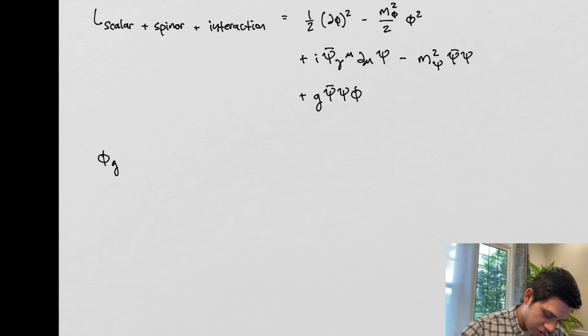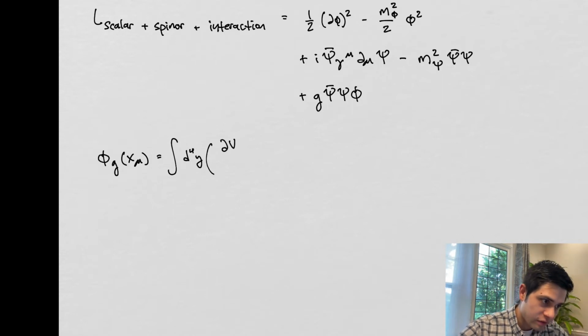But anyways, if we recall from the last video on self interactions, I'm just going over a recap here. We had this general function. It was a function of space and time, and it was an integral over all space of the potential at some point y mu with respect to phi.